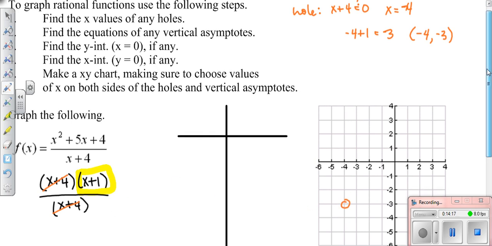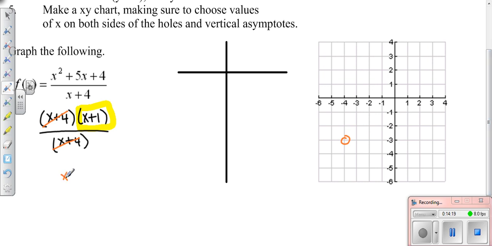Now when I look at what's left, my simplified form is x plus 1. There's no denominator, so that means there's no vertical asymptote. And since this equals f of x, I know that it equaling f of x is really like saying y equals x plus 1. This looks a whole lot like slope-intercept, which means I can plot a point at 1 for my y-intercept.